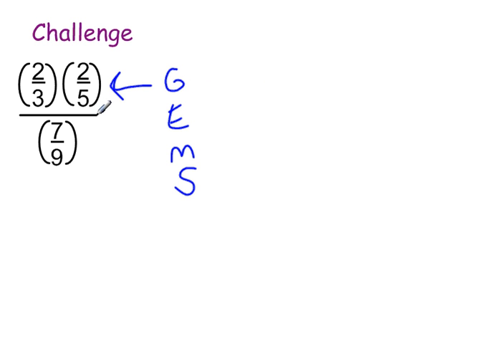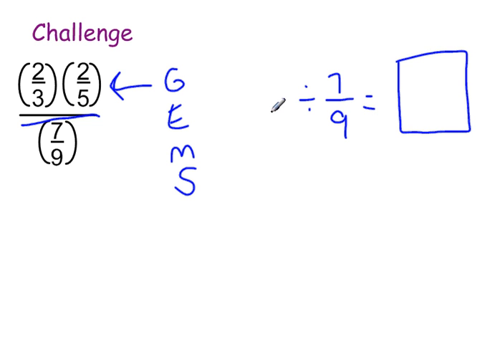And then remember that this symbol means divide. So you're going to get an answer, and then you're going to divide it by 7/9. I'm going to get a fraction, divide by 7/9, so I'm going to do my keep switch reciprocal to come up with a final answer.